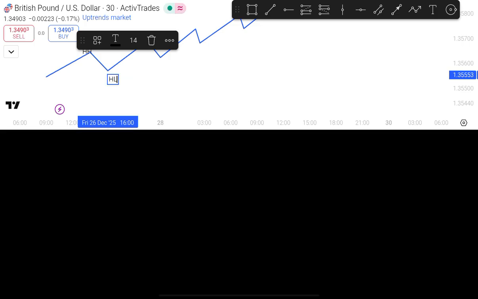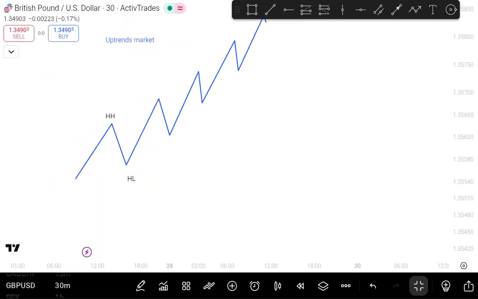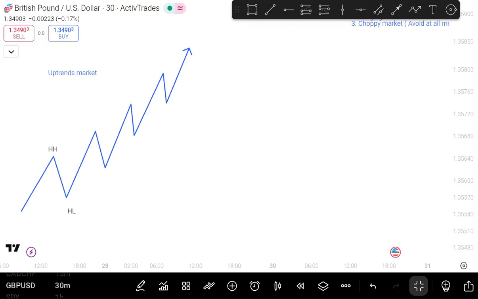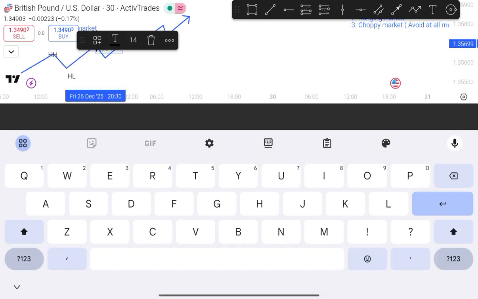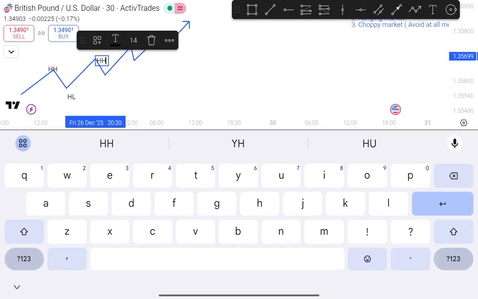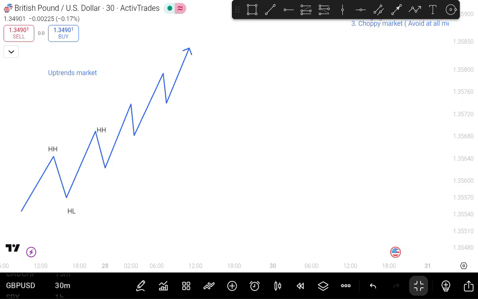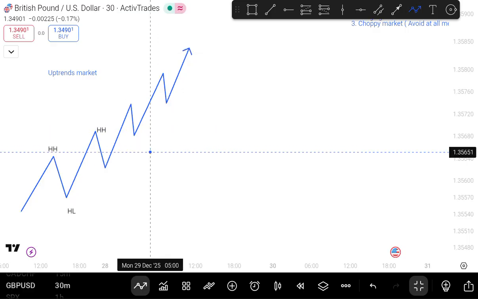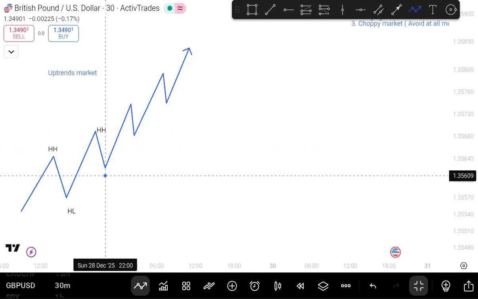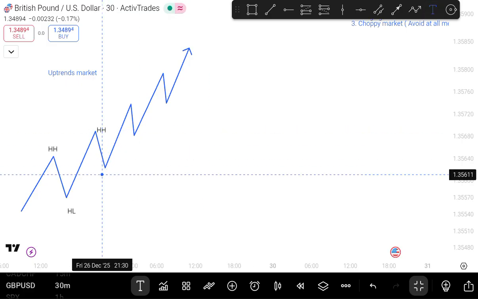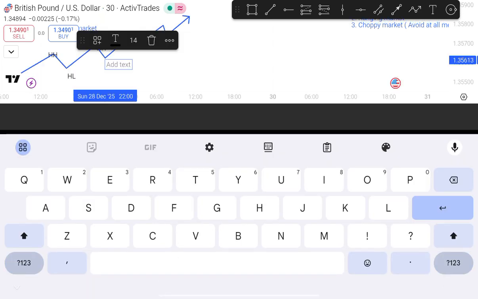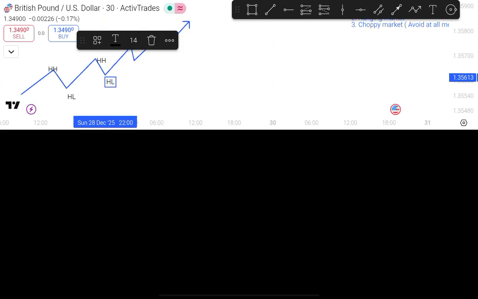You can see the market in an uptrend will be forming the higher highs and the higher lows. Now this one is higher high, and this one is going to be our higher lows. And so on and so forth.